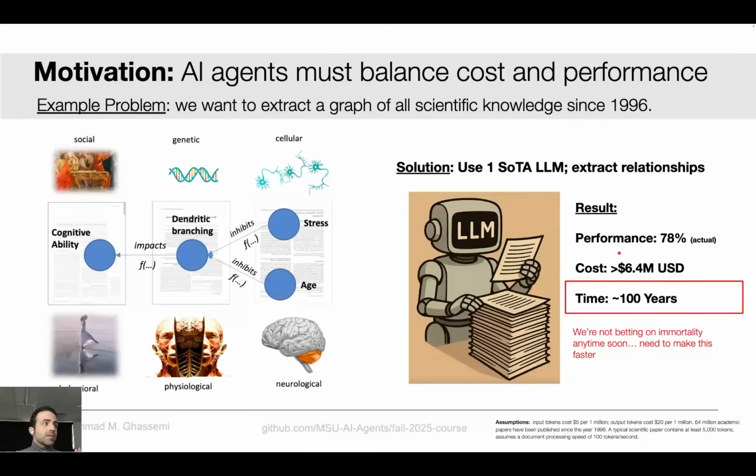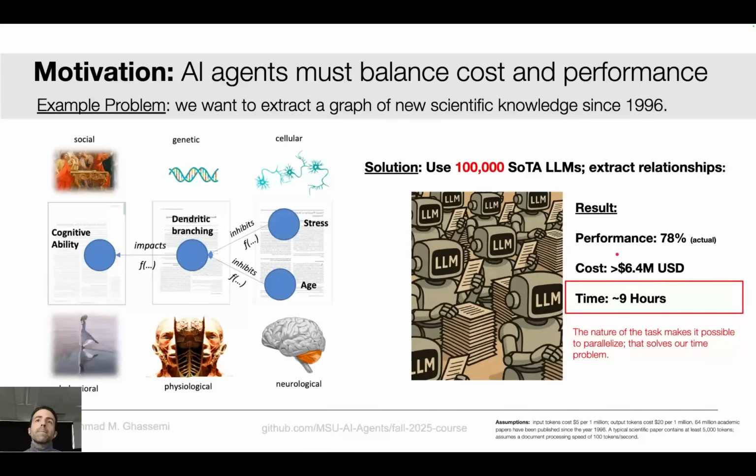The issue here still remains, of course, that I don't think any of us are betting on being immortal, at least not anytime soon, and so we'd need to make this faster if we wanted a chance at generating the graph in a useful amount of time. One easy way to do this is, because of the nature of the task, taking a document and extracting content from it, we can parallelize this.